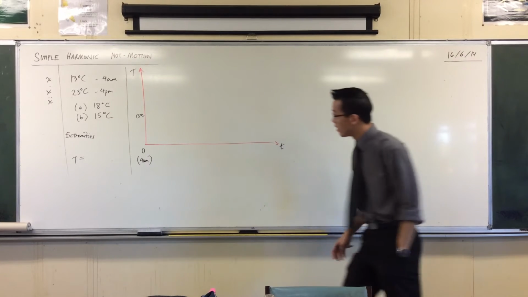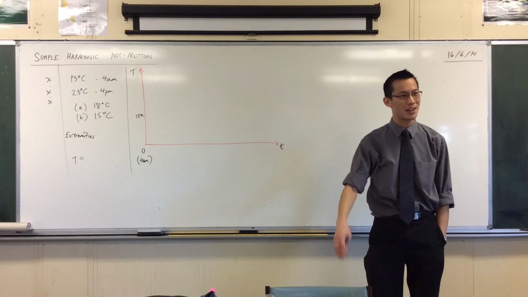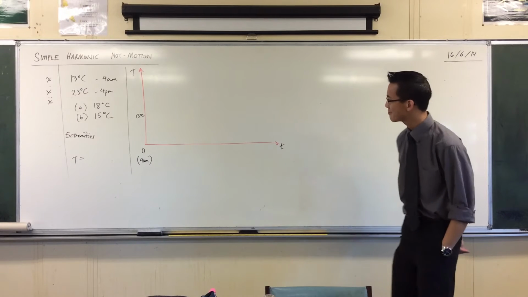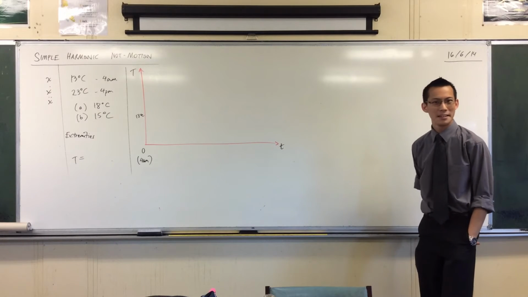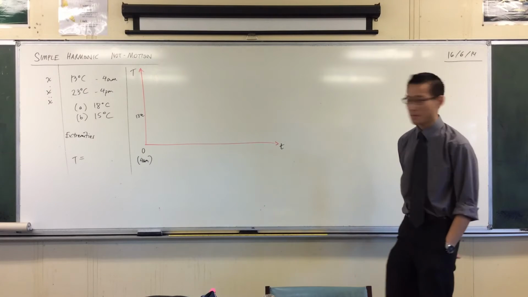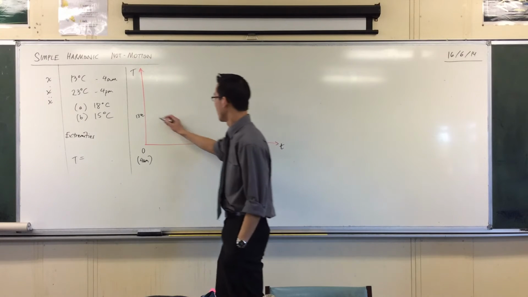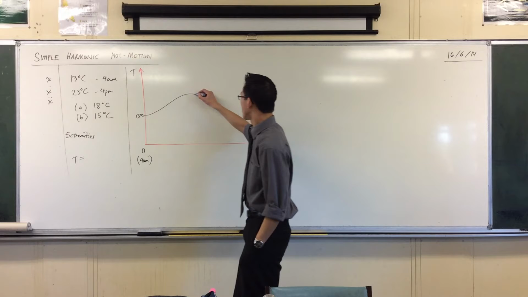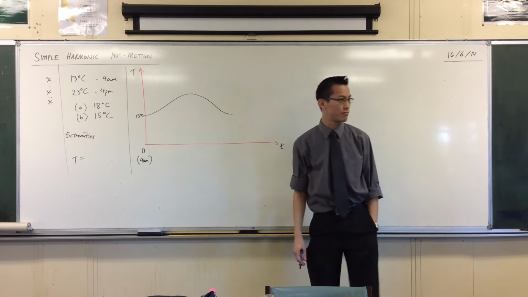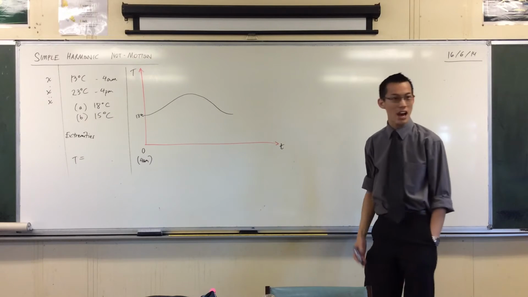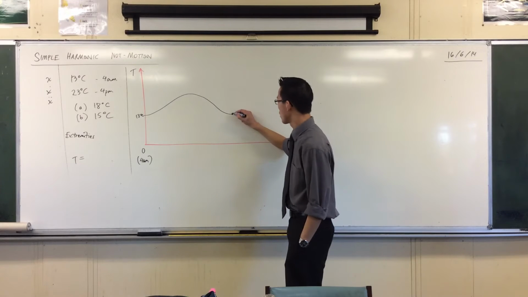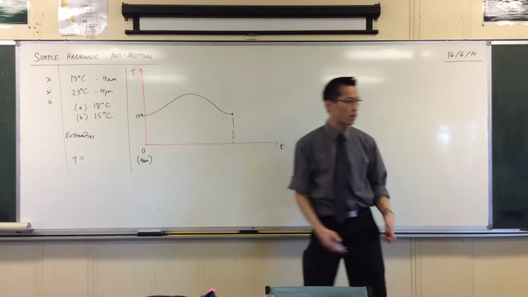Great. What else can I put onto here? This is the lowest temperature, so it's going to go up from here. It's going to come up, and because it's simple harmonic, it's going to come back down. Now I have some points on here. This point over here, what time would that correspond to?